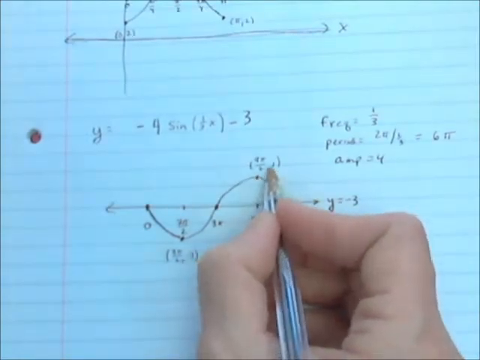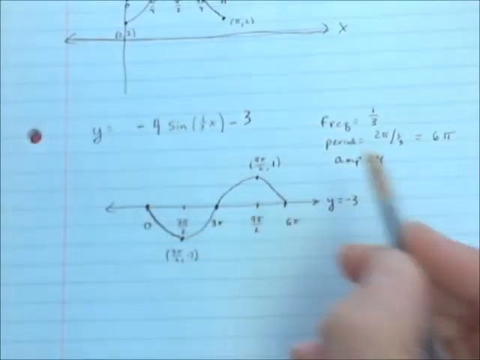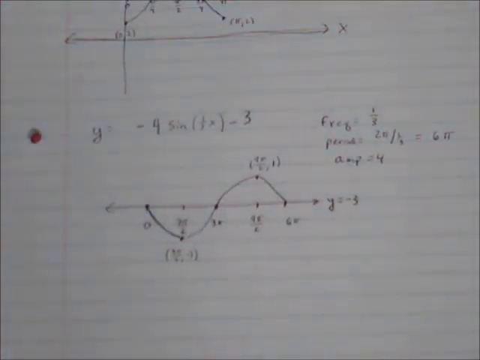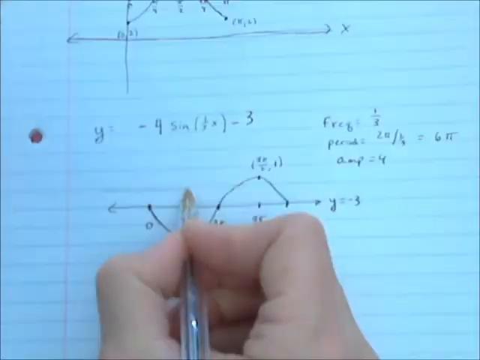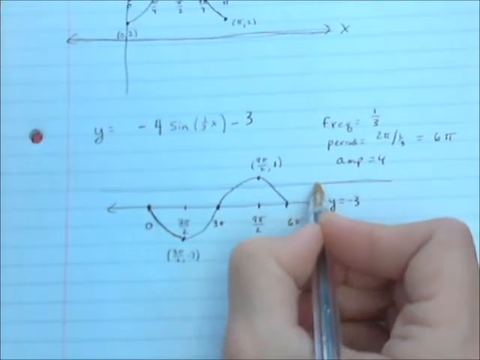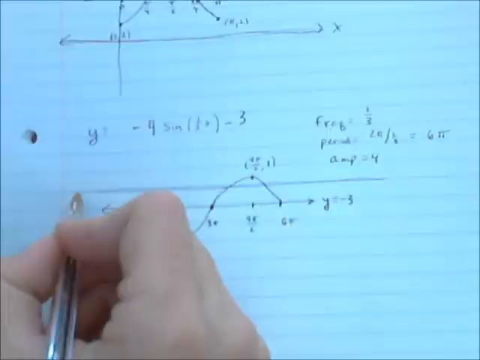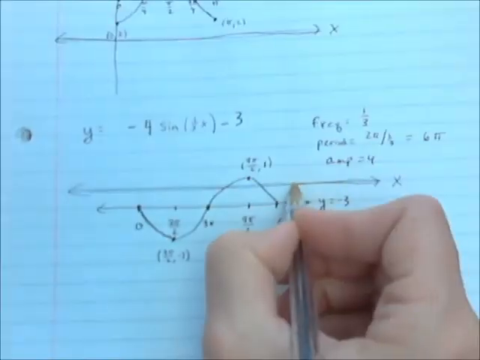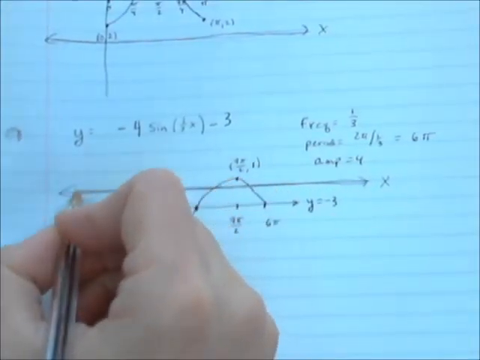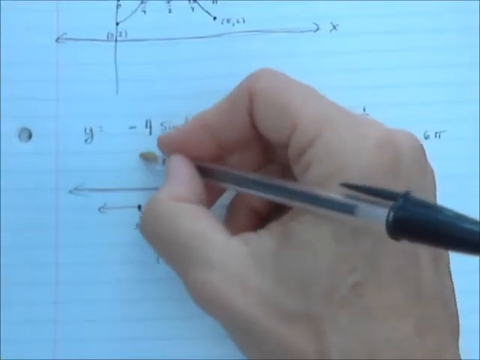Now this would actually be above the x-axis, just a little bit above. And now if we want to draw our x-axis in, make it a little longer than that midline. So here's our x-axis. And our y-axis is at x equals 0.